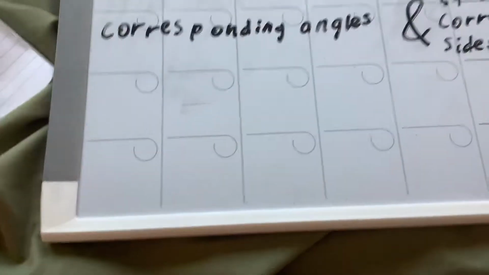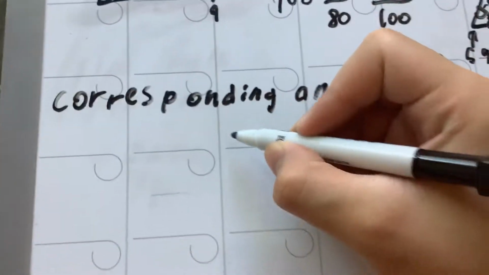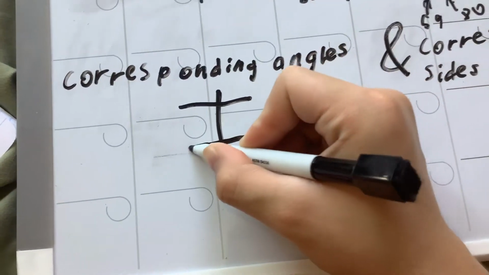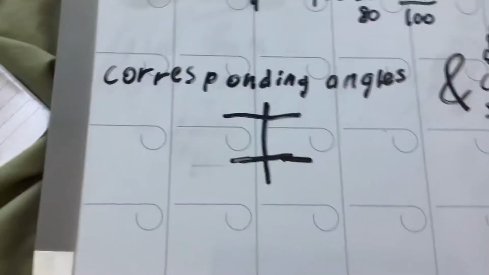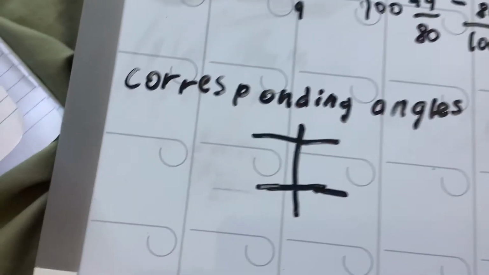So now let's go to the next one, the corresponding angles. For this one, I usually do it this way.